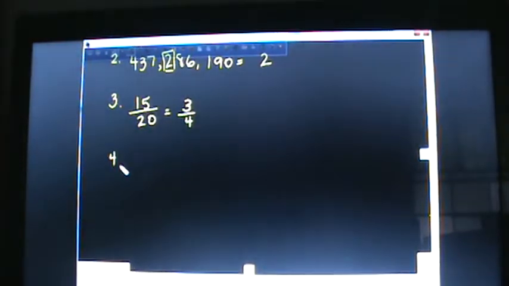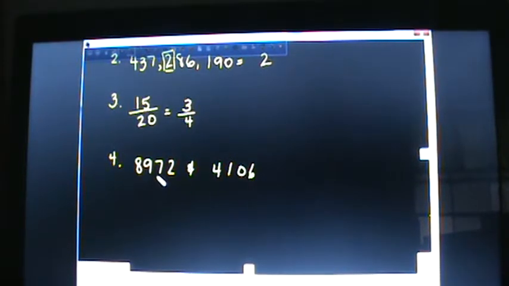Number 4. It says estimate the sum of 8,972 and 4,106. Okay, so the first thing that we want to do is we want to estimate both numbers. So looking at 8,972, 8,900 is closer to 9,000.